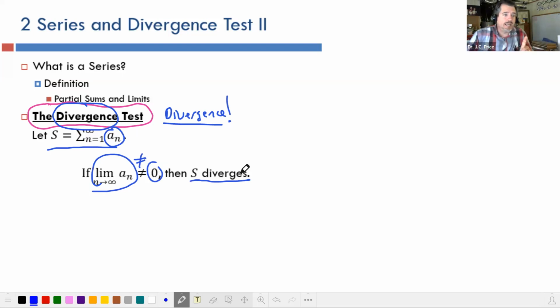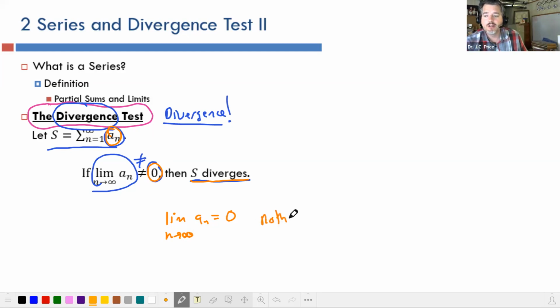So let me say this again. If you take the limit as n goes to infinity of the terms of your series, so these are the a sub n's right here, if they do not equal 0, then we can conclude S diverges. Although, be careful, if the limit as n goes to infinity of a sub n is equal to 0, what can you conclude?